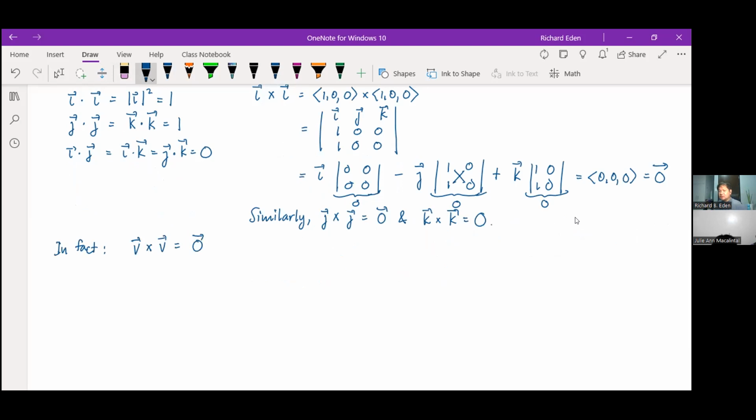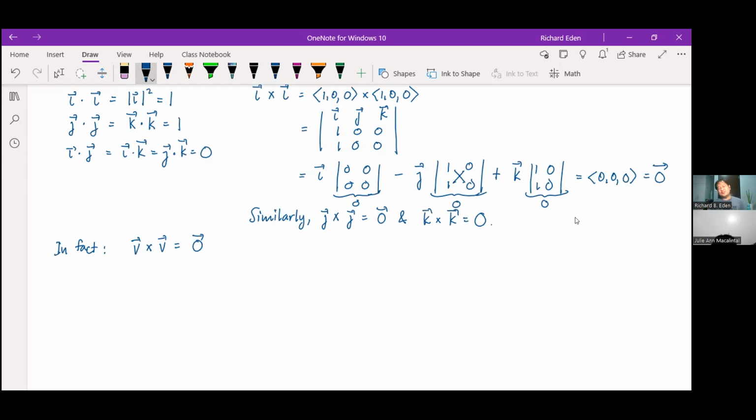So when I write down a cross product, it is to be assumed that this is a 3-dimensional vector because it's only for these kinds of vectors where cross multiplication makes sense.